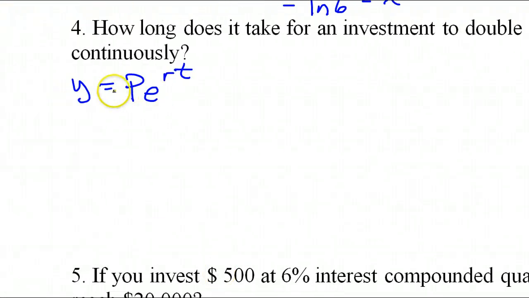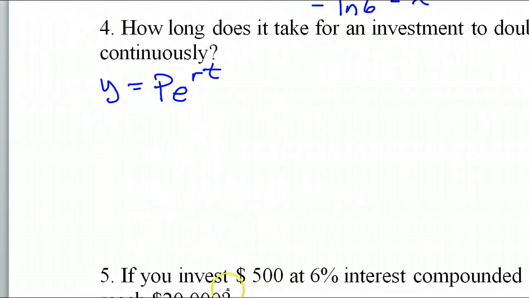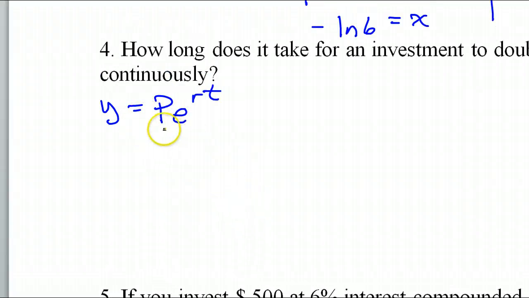But look, if it's gonna double, if P represents the initial amount... Okay, you've never seen a problem like this before, but I'm just gonna tell you that this P represents the initial amount of money that you're gonna deposit.